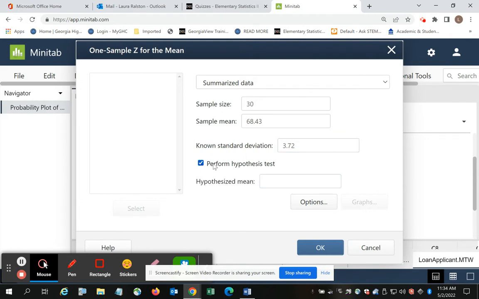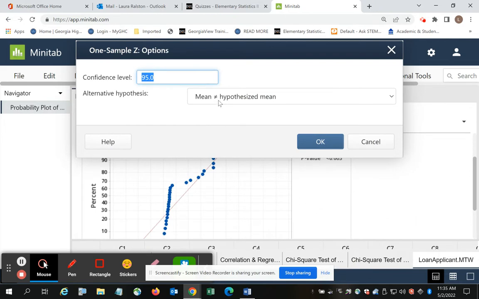We are performing a hypothesis test, and my hypothesized mean is $69.23. Select options. We are using a 95% confidence level, and my alternative hypothesis contains not equal. So I click OK.